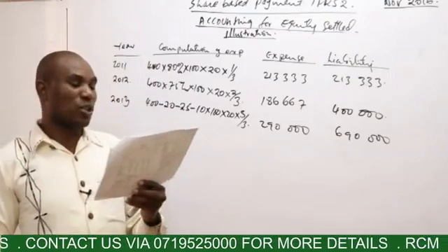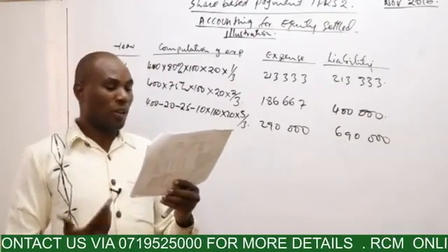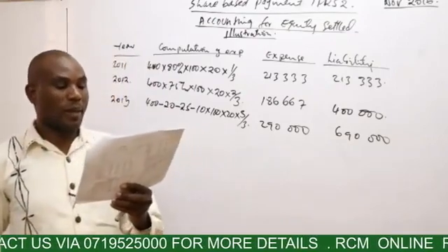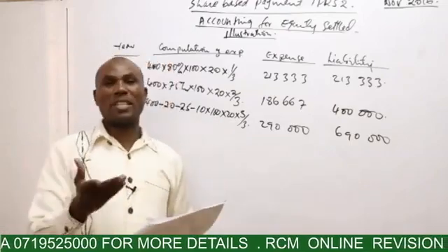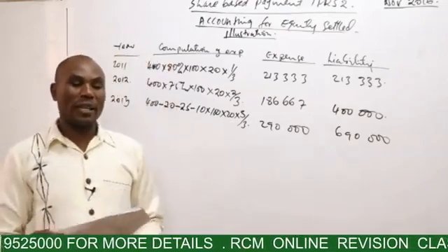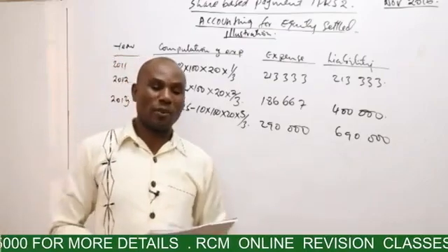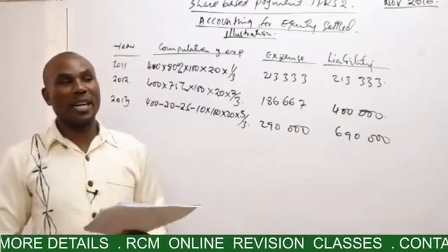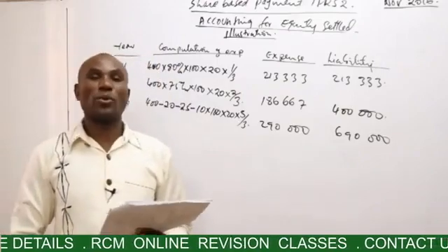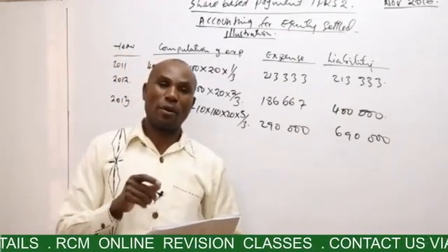Then I want us to do one question, and after we do this question, then we do another question. I posted a question for you for revision. After we have done 2 questions in cash awards, then you will do for me that question that I posted for you yesterday.